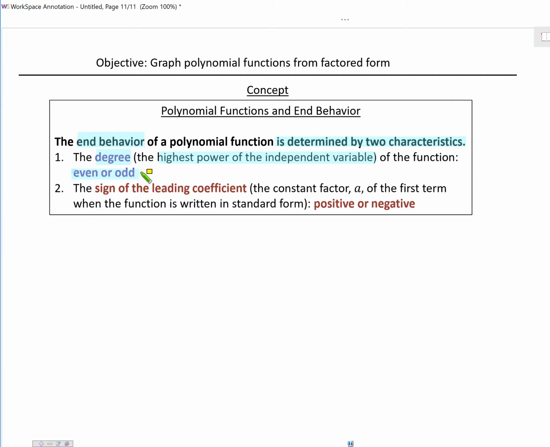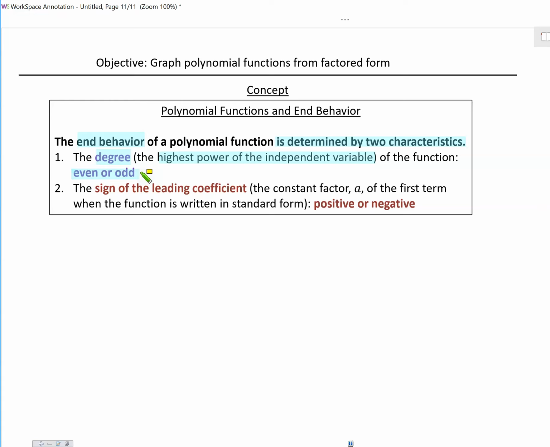From factored form, we don't actually see that first term, which gives us the degree directly. So we are going to learn how to calculate the first term without having to multiply everything out.